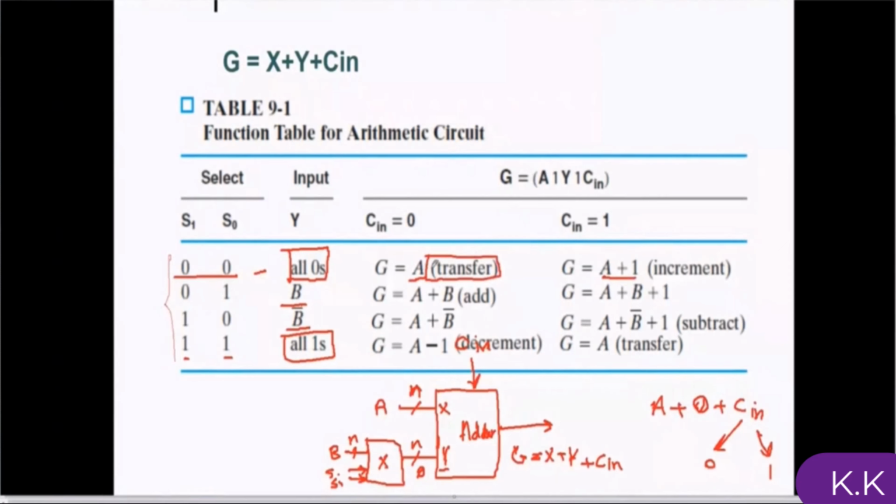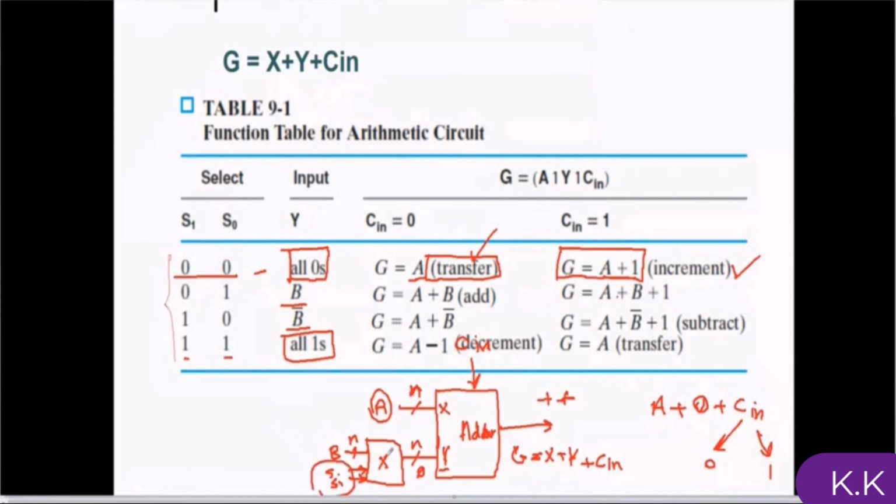But this is the actual operation: the output of the ALU is 1 unit more than the input A. A is incremented by 1, like A++ in Java and C. For this operation, 0 is given to these 2 select bits, and then all 0 should be given to the second input of the ALU, and the carry input should also be 1.